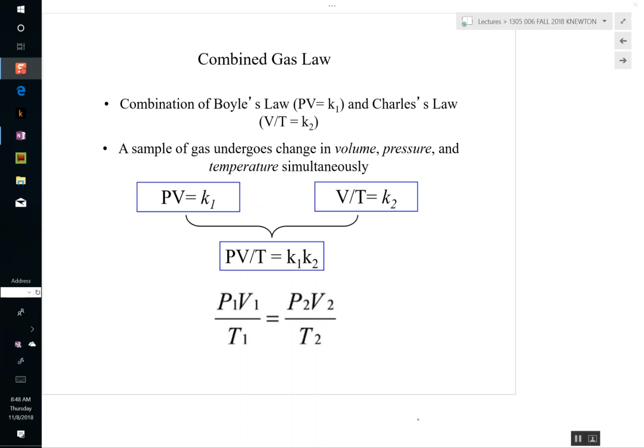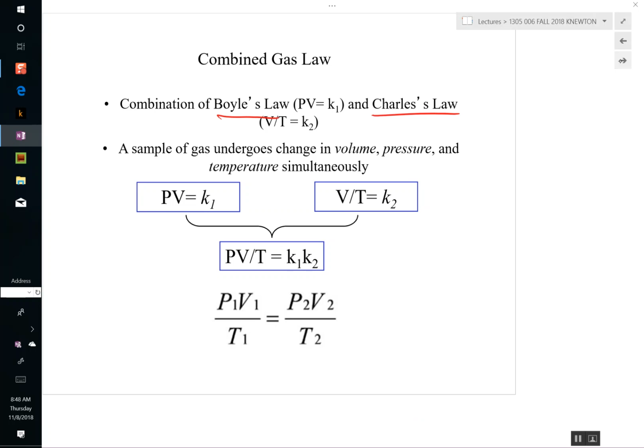You bring them together and you get this thing. P1 V1, there's Boyle's law, divided by T1 equals P2 V2 divided by T2. That's going to be a constant. That's the combined gas law. You're combining Boyle's and Charles' law into one law.